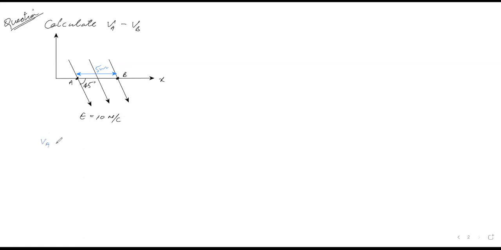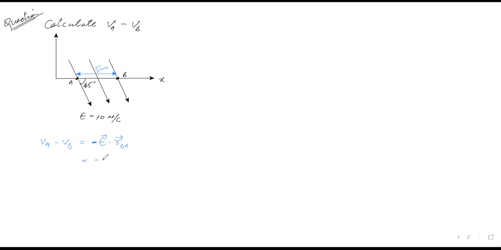VA minus VB is equal to minus of E dot r_BA. Do you remember or not? Yes, I remember, sir. Electric field and the displacement vector are operated with a dot product here.